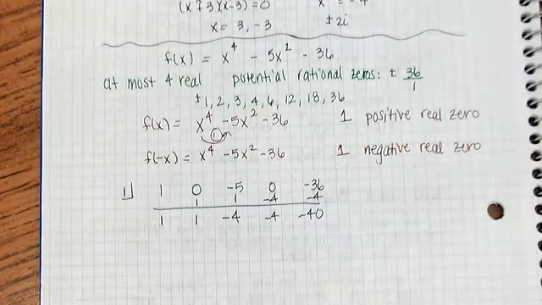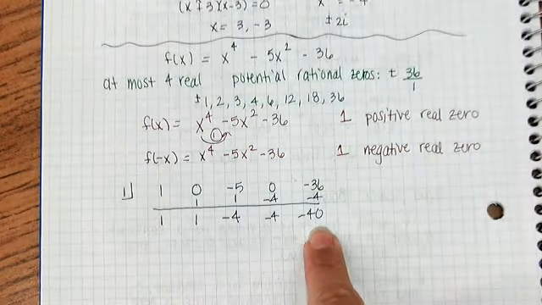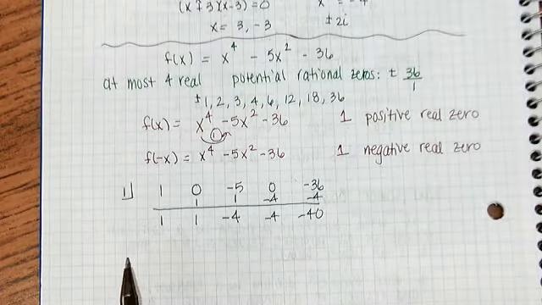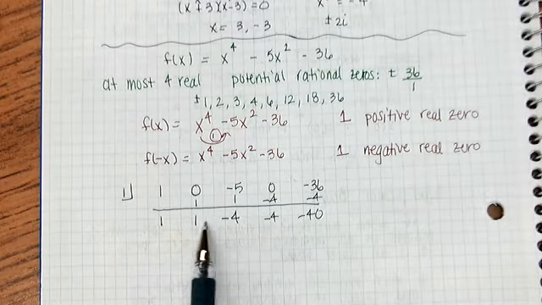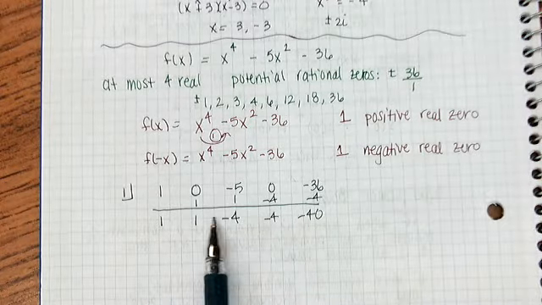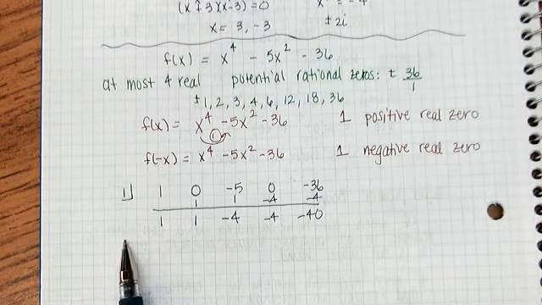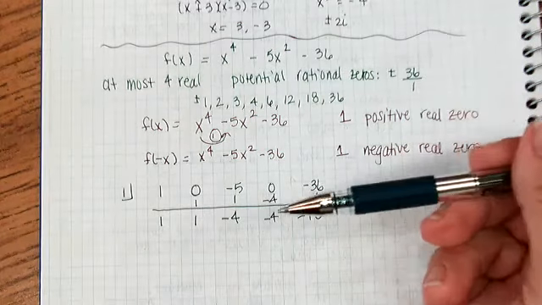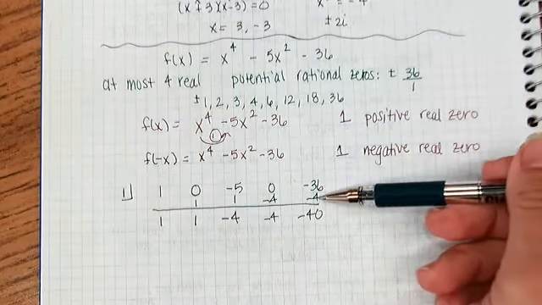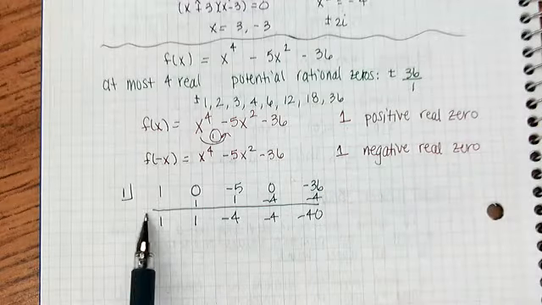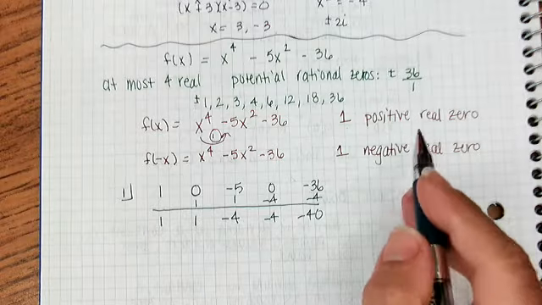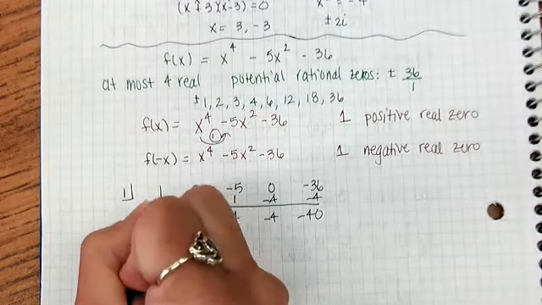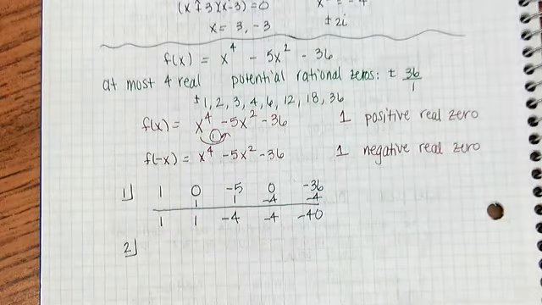Not only is it not a 0 because the remainder is not 0, but for an upper bound, all of the coefficients, your book calls it the third line, which confused me, line 1, line 2, line 3, have to all be positive or 0 if it's going to be an upper bound, which means my positive real 0 has to be more than 1.